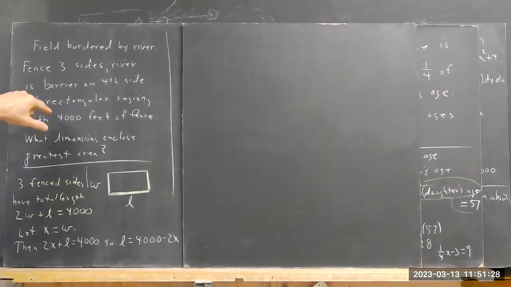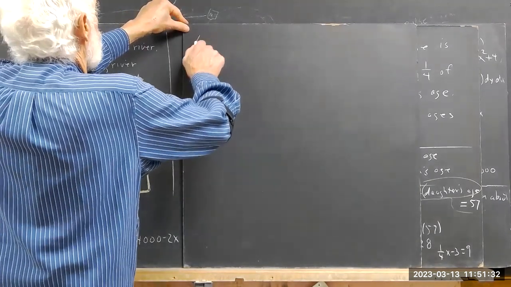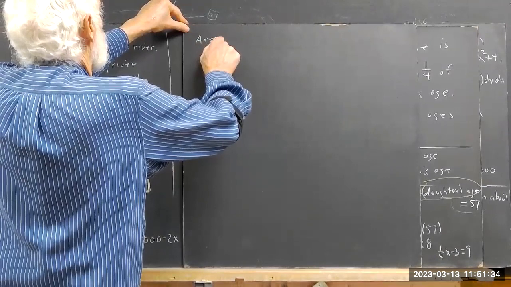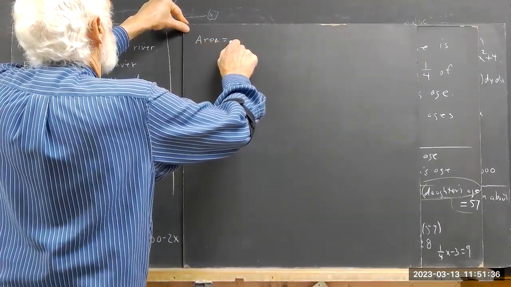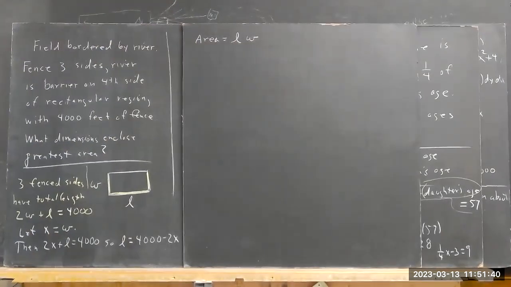Now we're interested in the area. So we write down area equals length times width.